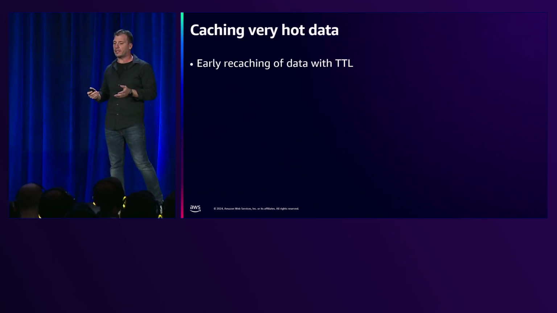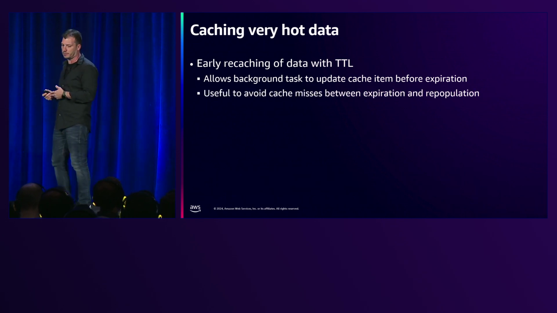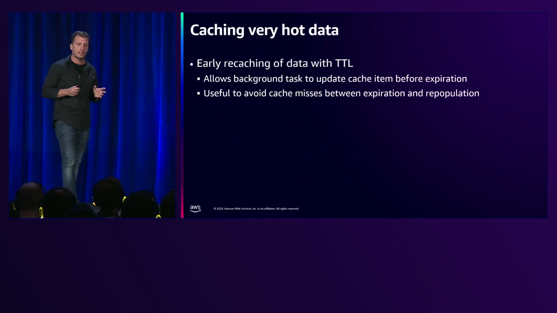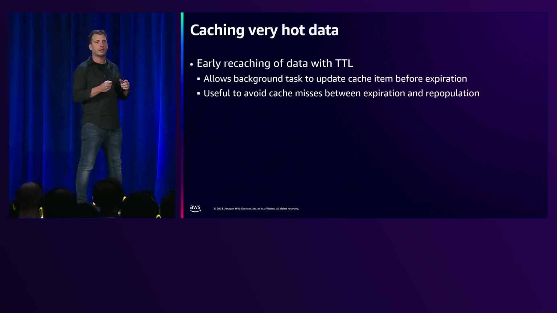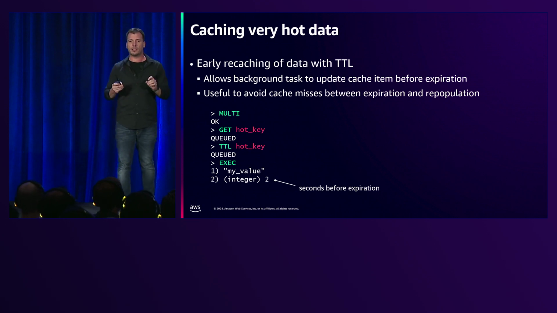Now, in some cases, we want to recache hot items before they get expired. To solve that, we can create a background task that updates the cache before the expiry happens. In this example, you can see that I'm using the multi-command.